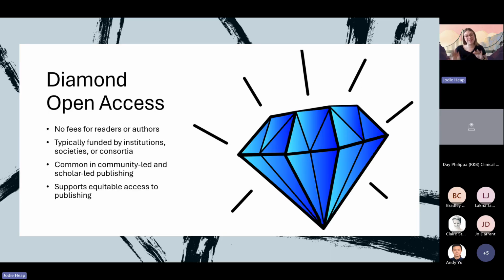Okay. There is a third option, which I will mention here, but I don't typically always mention, which is diamond open access, which is to say that a publisher has the capacity to share your work through their website for no fee, so no article processing charge.